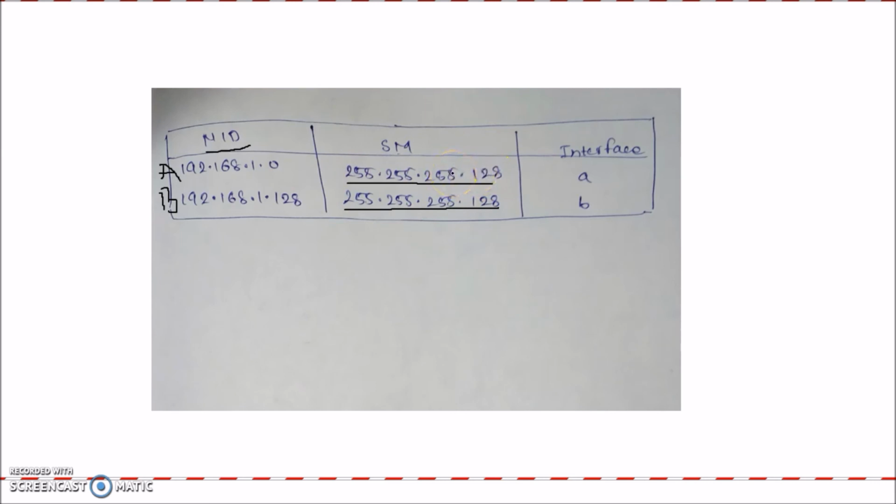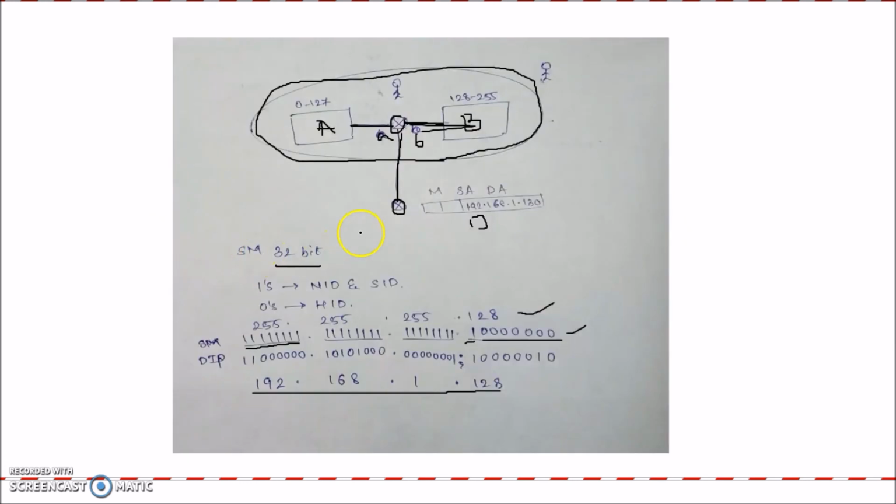It will give a network IP address. If it belongs to the network 192.168.1.0, then it will pass through interface A and go into subnet A. If the AND operation gives the network IP address 192.168.1.128, then it passes to interface B and goes to subnet B. In this way, the given packet is processed using the subnet mask. This is all about subnetting and the subnet mask.